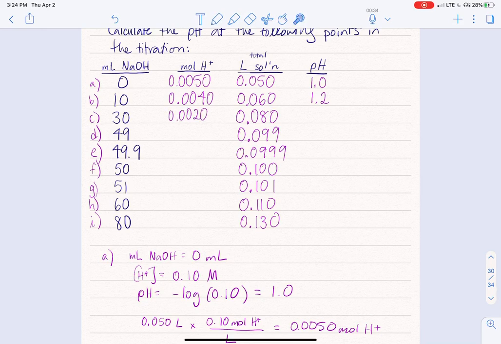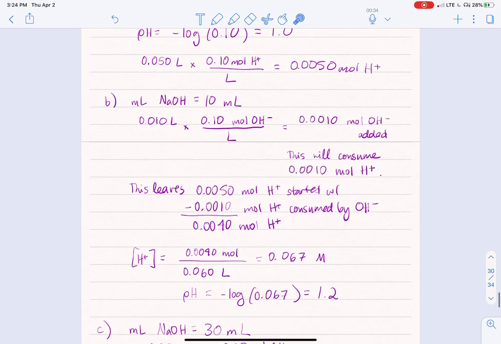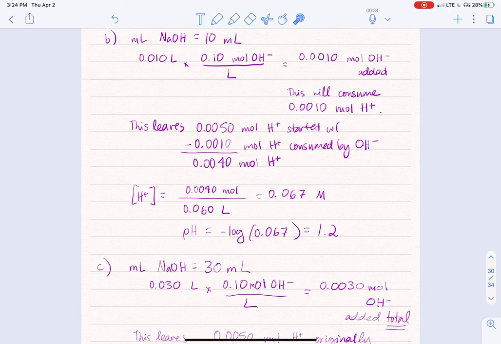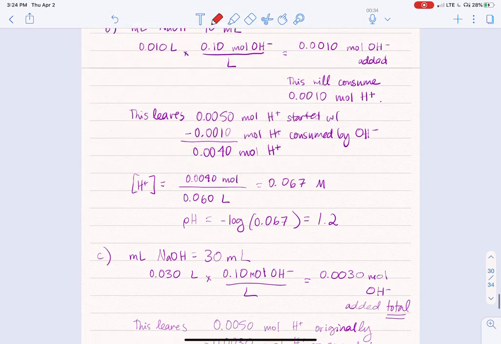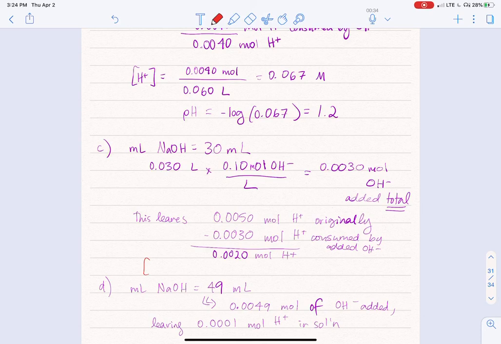I need to put the number of moles of protons over the total volume and take the negative log of that. That is going to give me a molar concentration, and I can then take the negative log of it to figure out the pH.